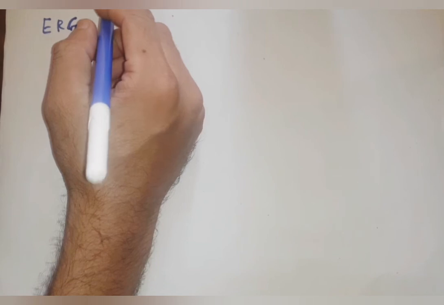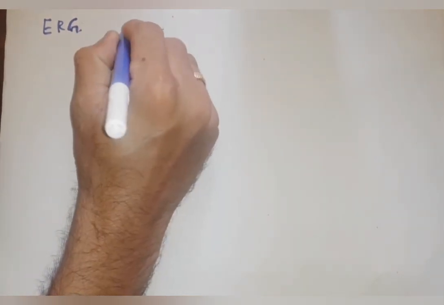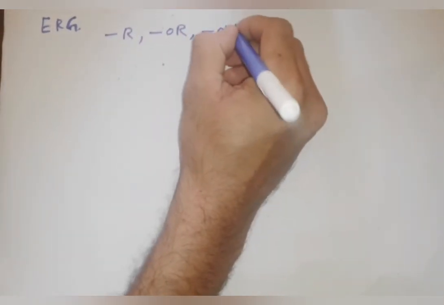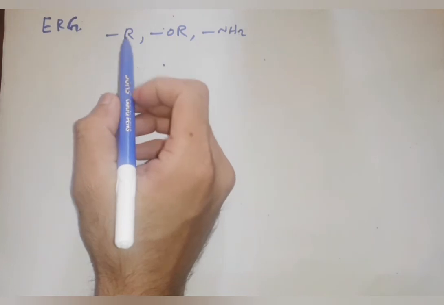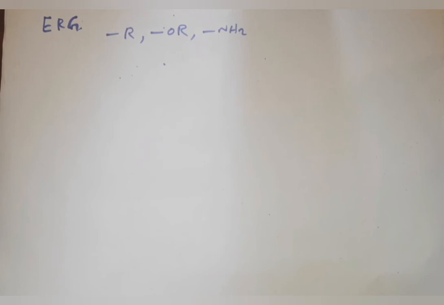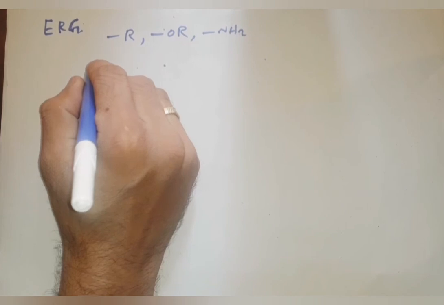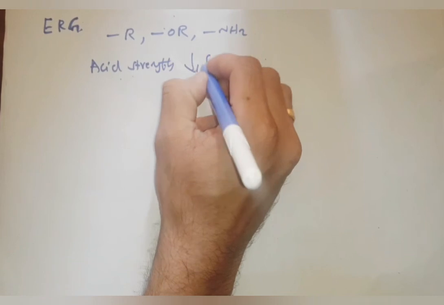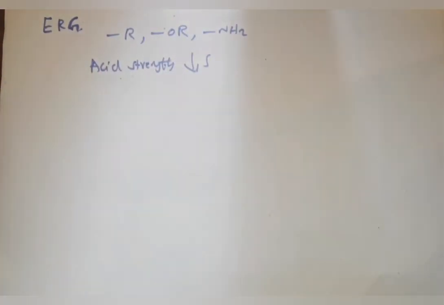When an electron releasing group such as an alkyl group, OR or NH2 is present on the phenol, the acid strength decreases.